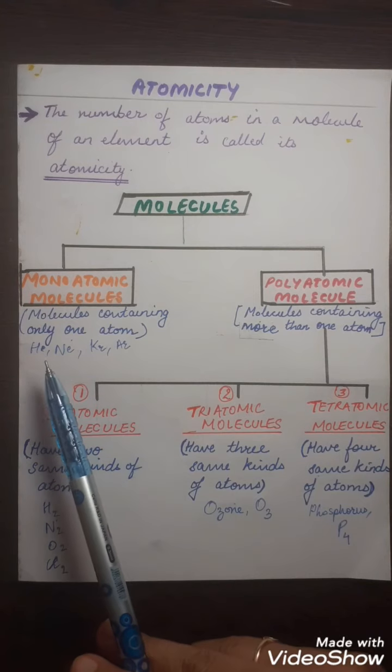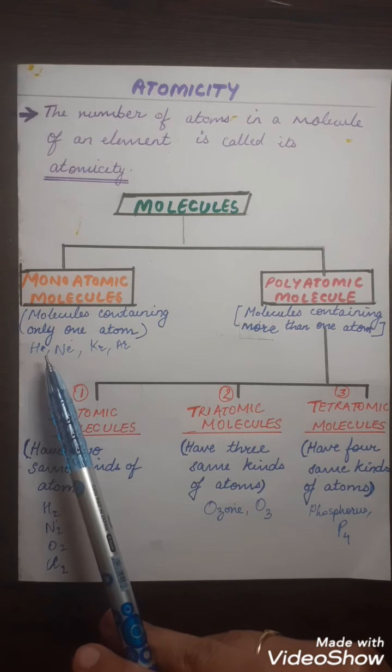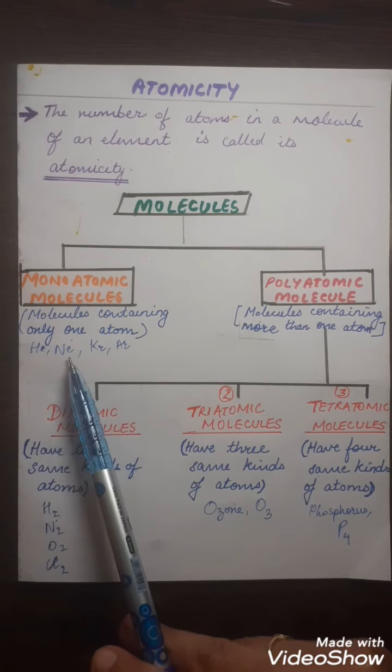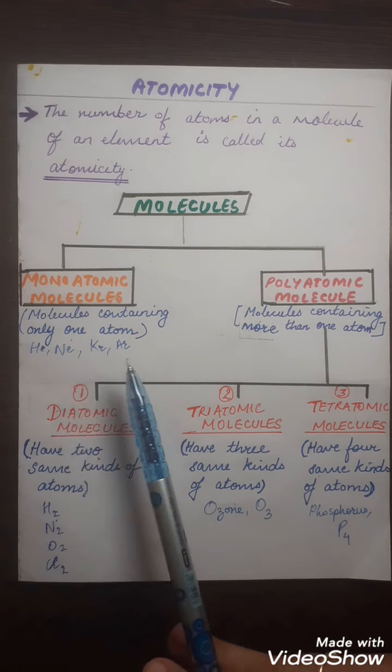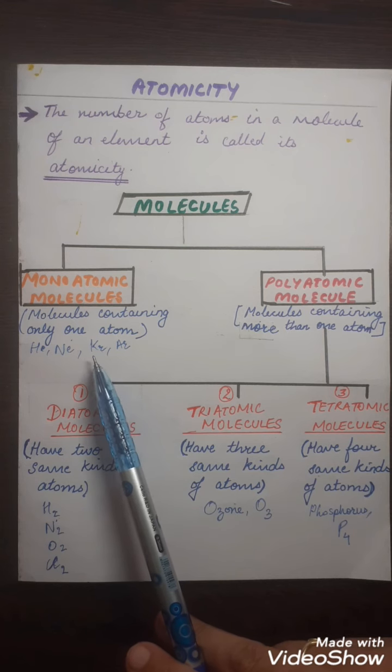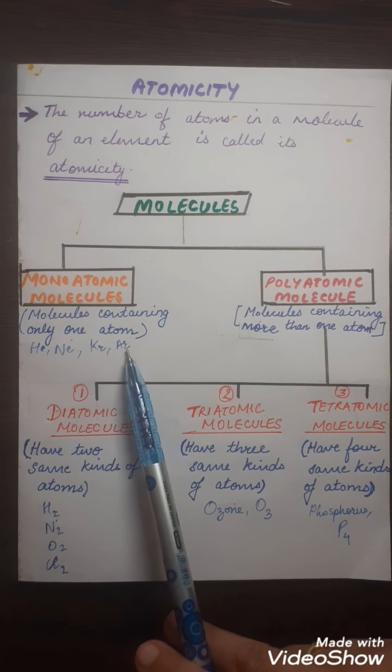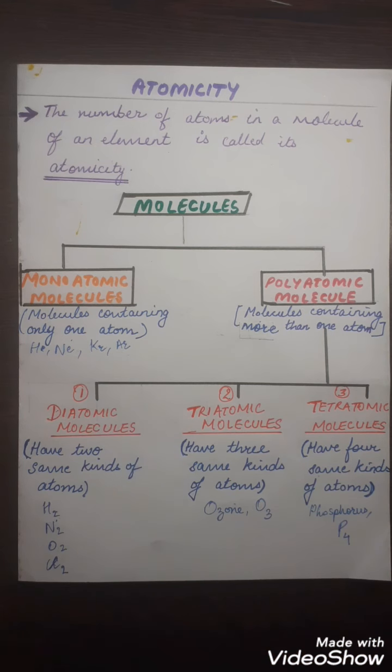Means one molecule of helium contains one atom of helium. One molecule of neon contains one atom of neon. One molecule of krypton contains one atom of krypton. One molecule of argon contains one atom of argon.